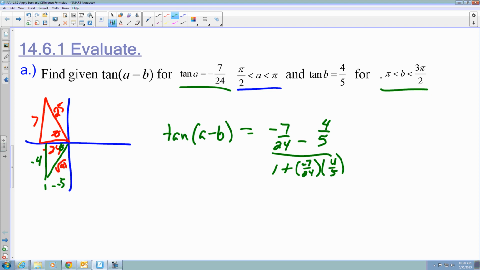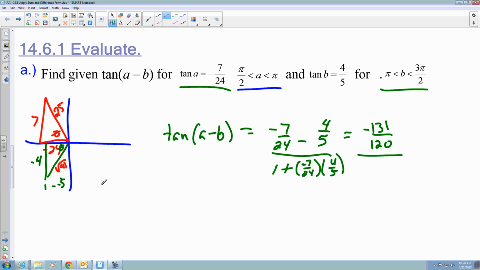So the first thing I need to do is take a look at the numerator, and I'm going to take the negative 7 over 24 and subtract it by 4 over 5, and I get a value of negative 131 over 120, divided by, what I'm going to need to do is order of operations.